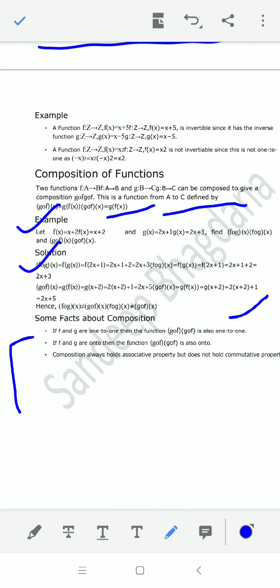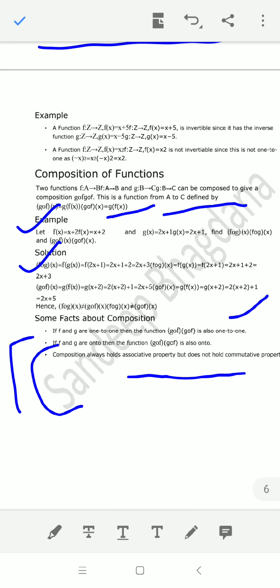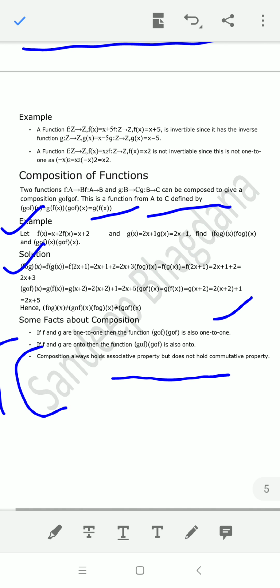If f and g are onto, then the function g∘f is also onto. Composition always holds the associative property but does not hold the commutative property. Understand it clearly? I hope you understand very clearly.